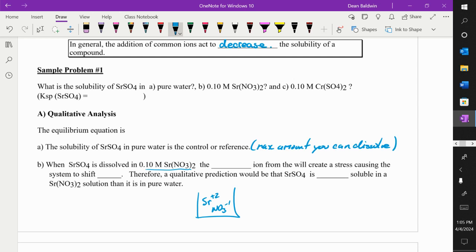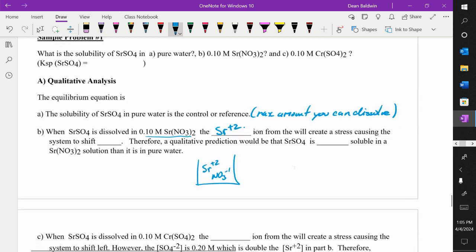The strontium nitrate dissociates. You get strontium ions. The nitrate ions are irrelevant for our reaction. Okay. I'm adding in, and then I want to add in strontium sulfate. So strontium sulfate enters the beaker, I guess.